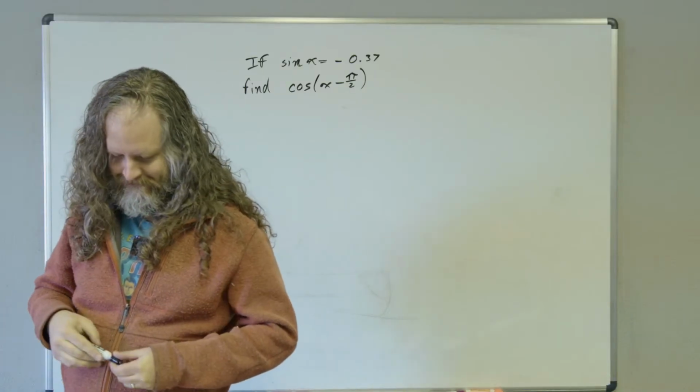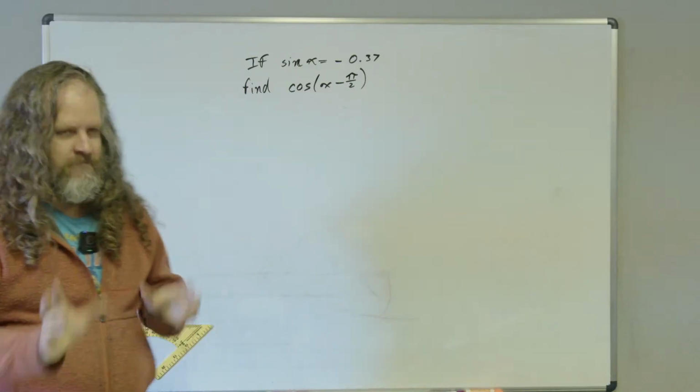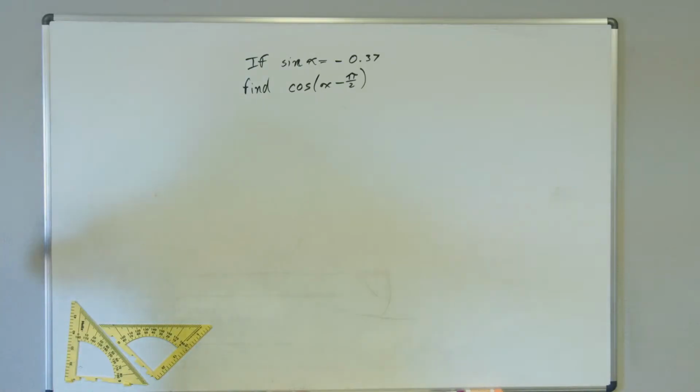That's easy. That's just so easy. Cosine equals 0.37.